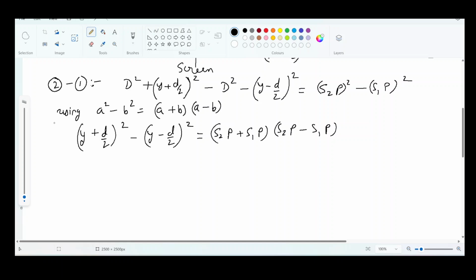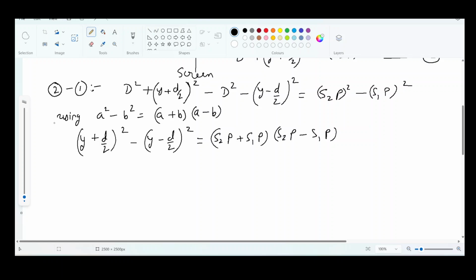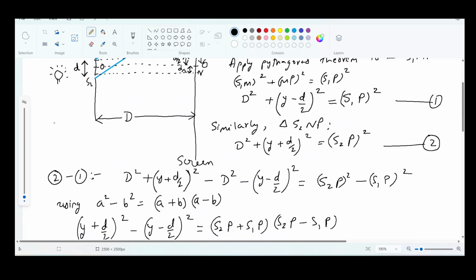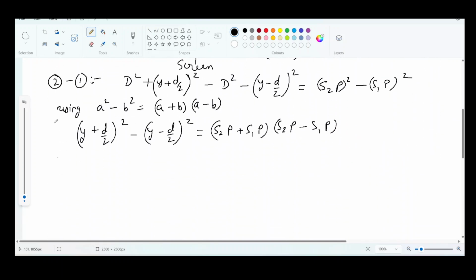Now what can we do about this? We can write S2p plus S1p as 2d, because you see we can approximate this.